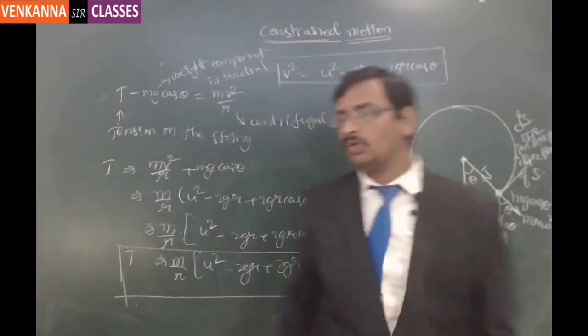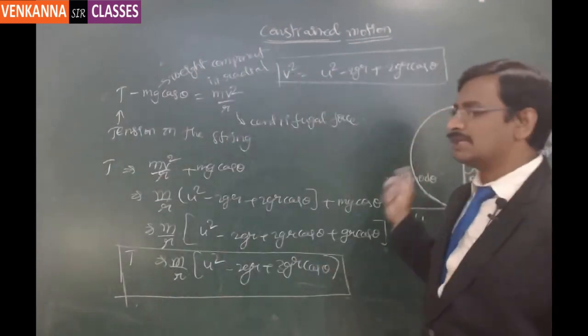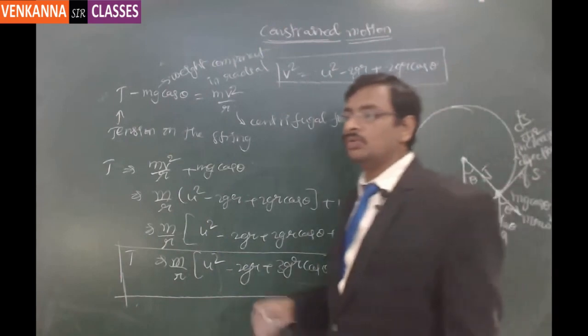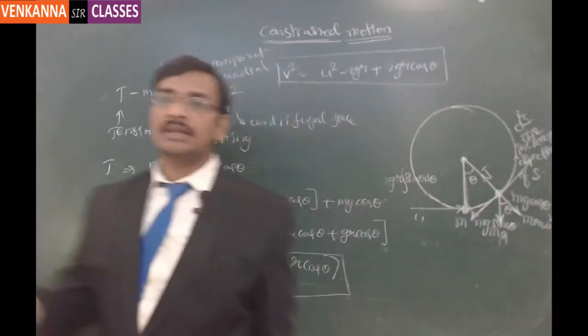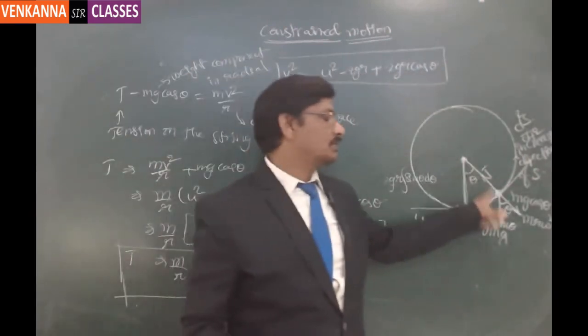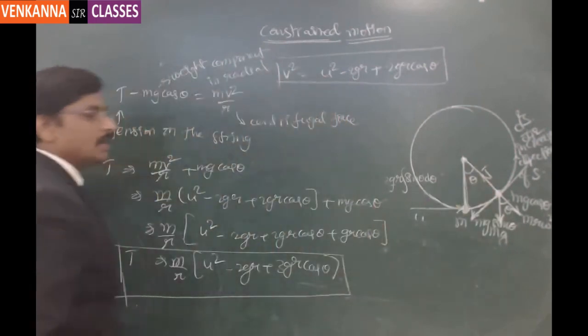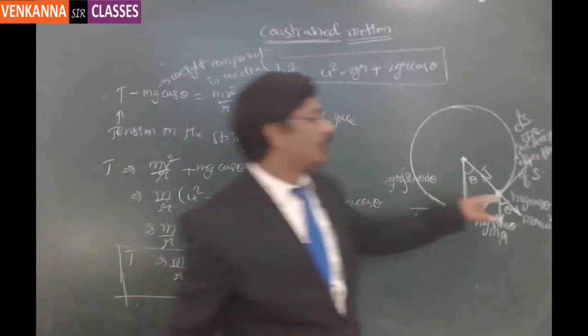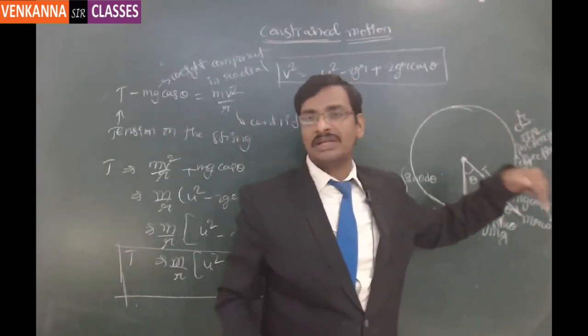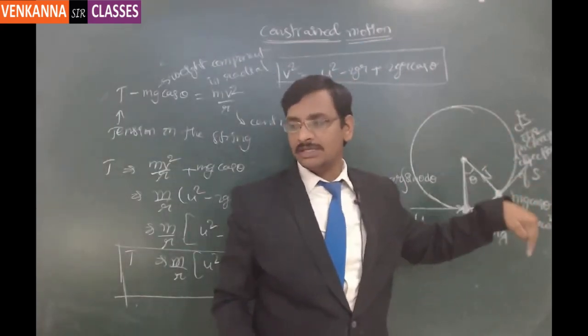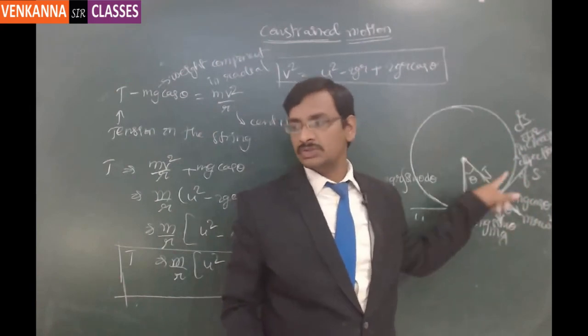So these are the two important relations when the particle is trying to move in a circular fashion under the constraint of a thread which is dragging towards the center. So with these relations, we will be able to analyze how far this particle is going to move and where the tension becomes zero, where the velocity becomes zero, at what angle it is going to happen.